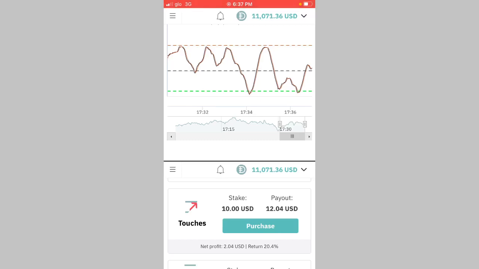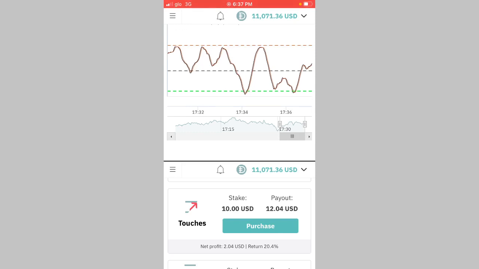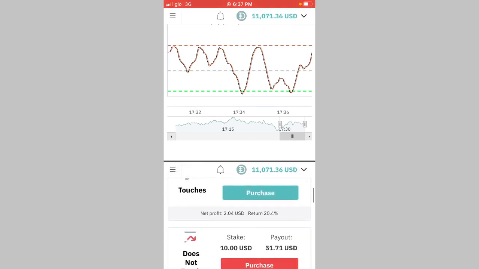Just follow my steps, and the net profit payout for this is $2.04 profit. So your total payout is $12, and your profit once you win the trade is $2.04.